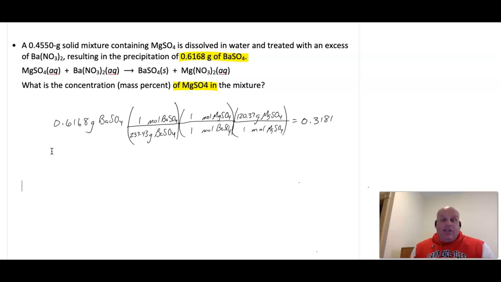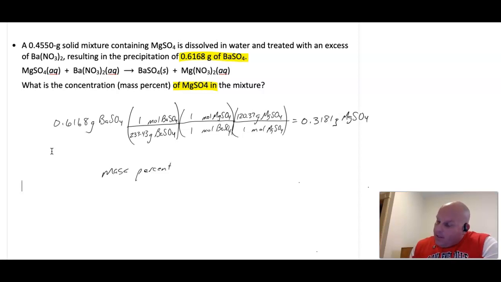And ultimately the question is, what is the concentration as a mass percent, since I'm dealing with solids here. If you recall, mass percent equals the mass of the part over the total mass.